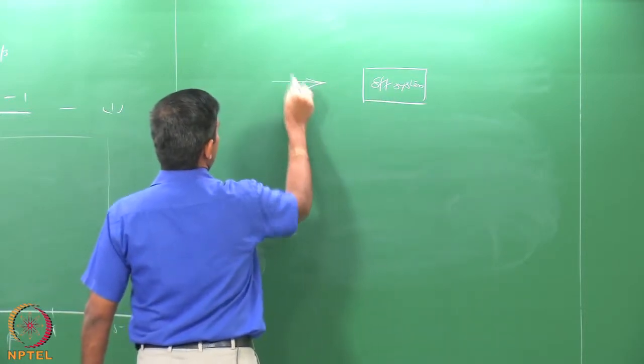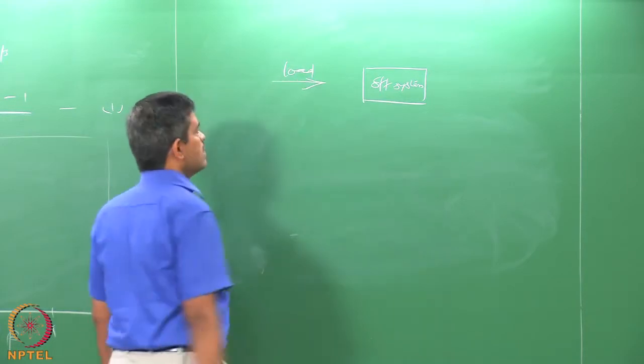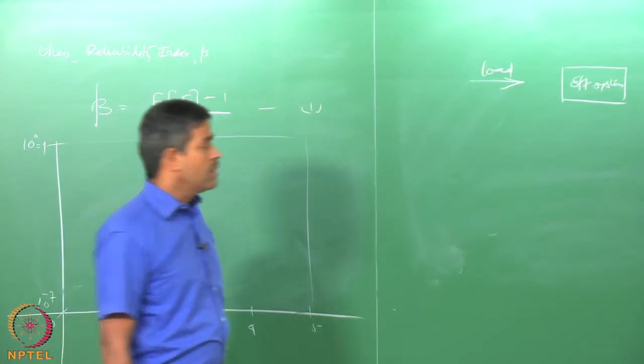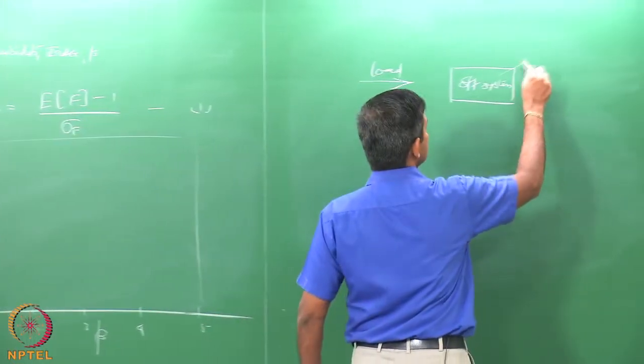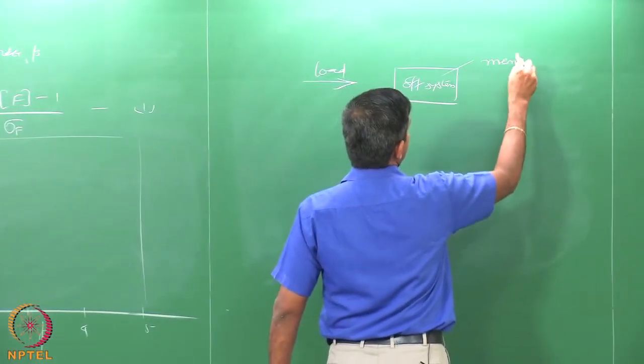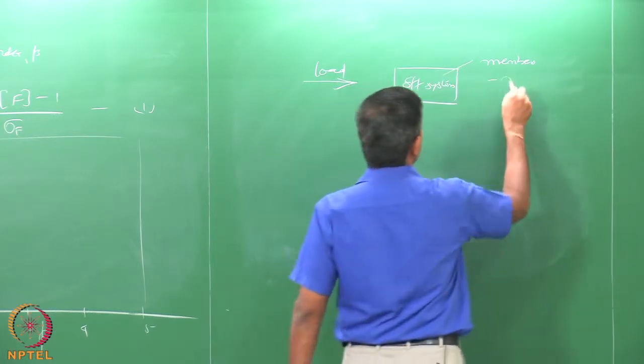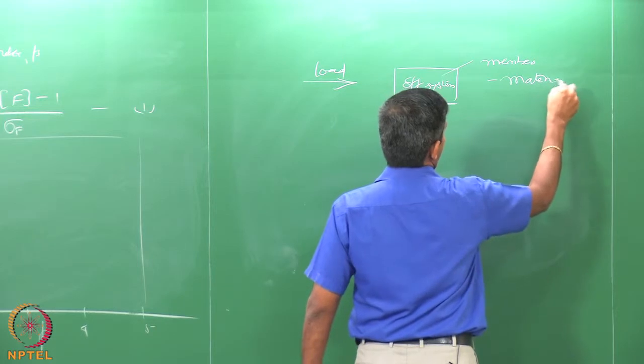Let us say an offshore structural system is subjected to a loading environment in the marine environment, let us say environmental loads. The system is of course made of members with cross section dimensions and material. Let us talk about material characteristics.